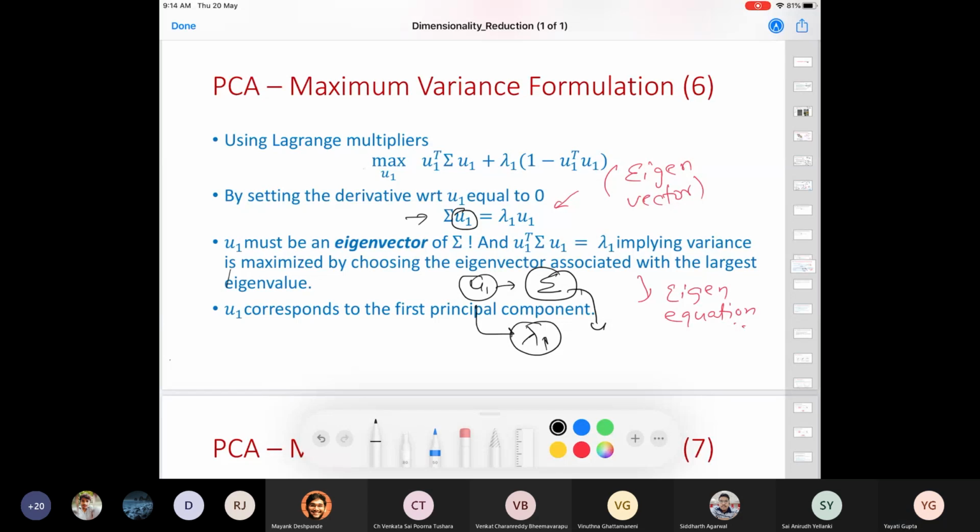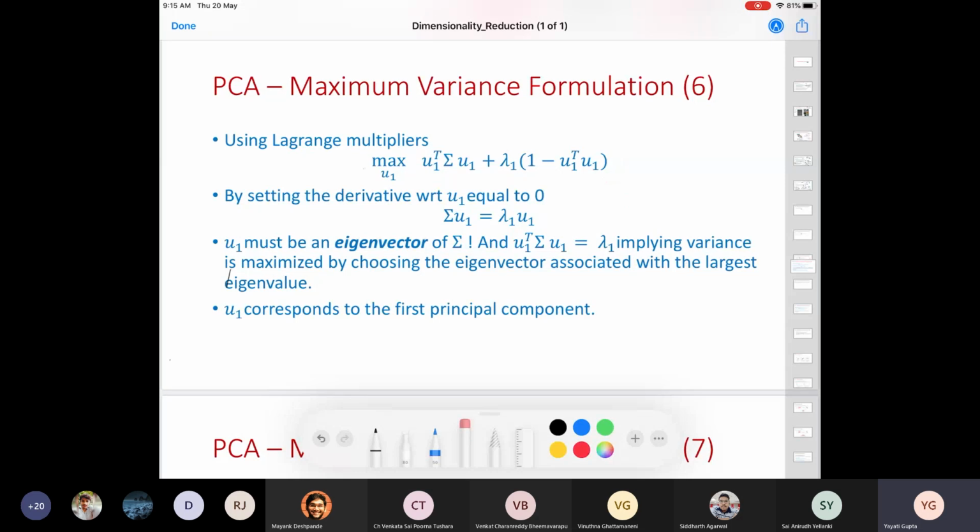Now, just take a look at this. I'm going to make some small tweaks to help you understand. So far what we have is sigma u1 equals lambda u1. Essentially, we want to maximize this whole equation, so we want to get to the value of lambda 1, because we want to substitute it and only then can we solve this equation.